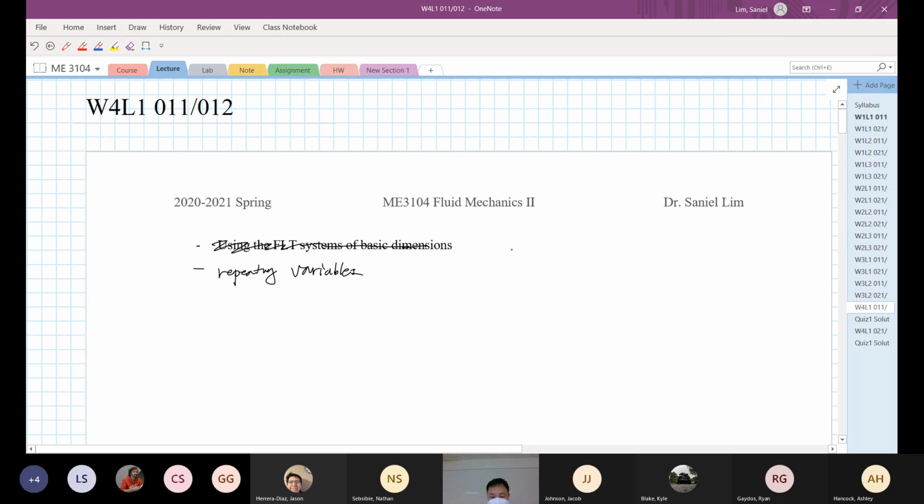So we had delta p_l as a function of D, rho, mu, V. Now we choose the repeating variables D, V, and mu.